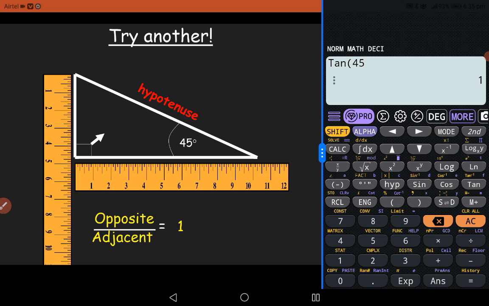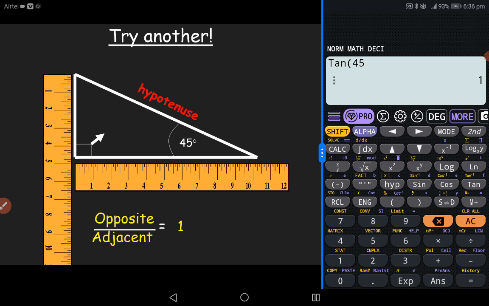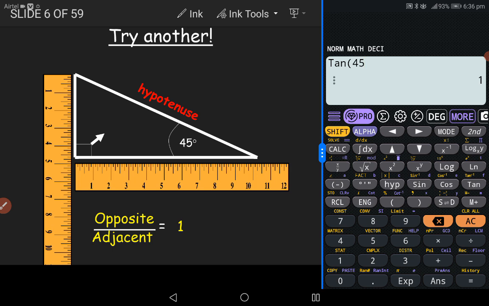Of course, this triangle might not be drawn accurately to scale, because for it to be 1, it means that the opposite side should be equal to the adjacent side in length. So there's an oversimplification here when drawing this. We are saying this is 45, this is 45. Remember that the angles should add up to 180 degrees.